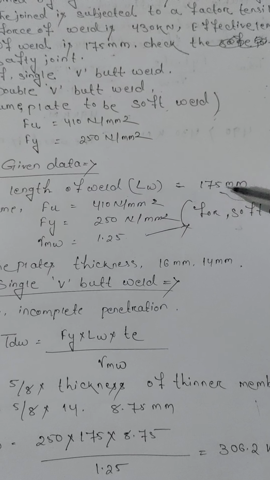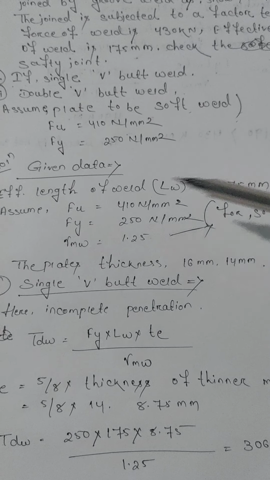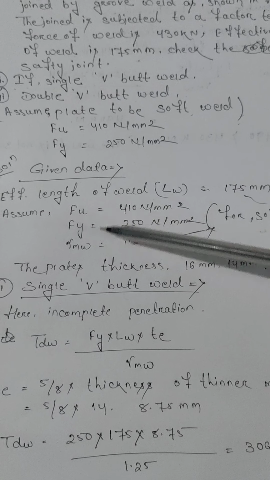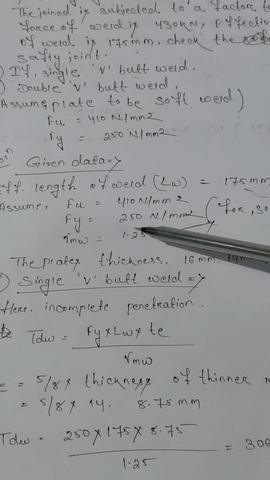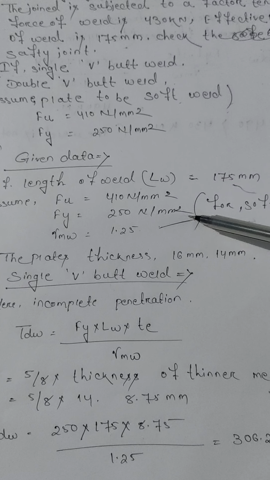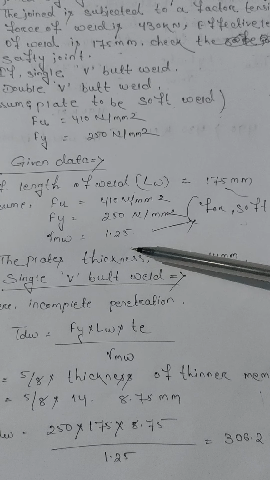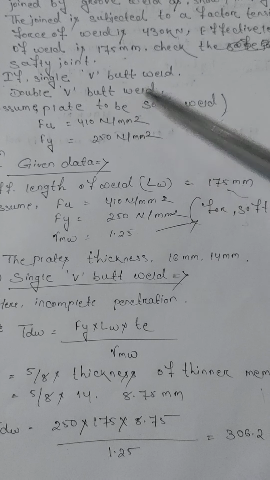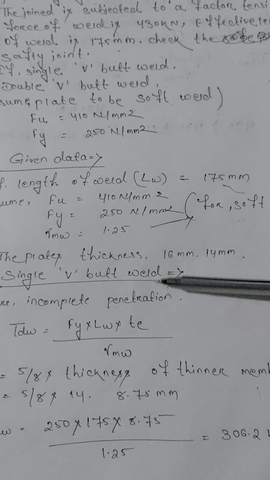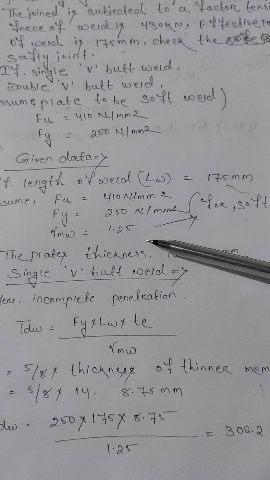Since it is shop welding, gamma MW equals 1.25.